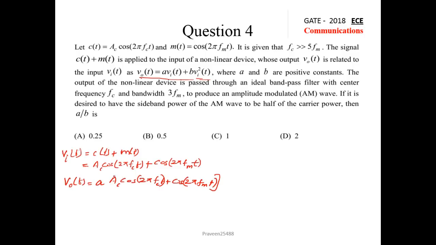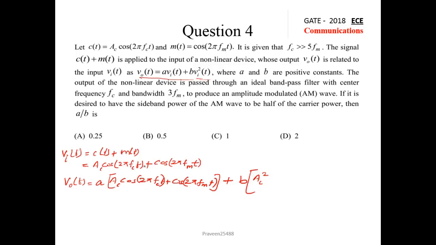So this is the first term, and the second term is b Vi square of t plus b. Here we'll multiply these two terms. It would be AC square, the square of these two terms.